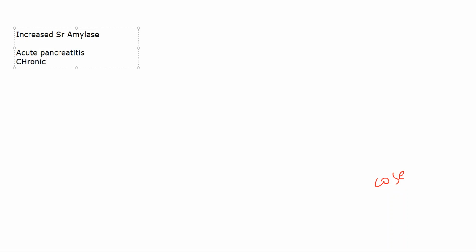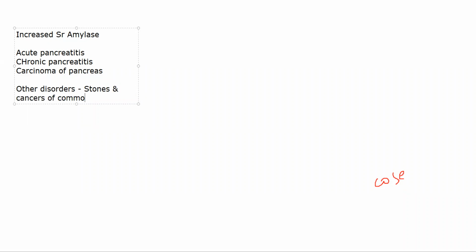If the patient has chronic pancreatitis, it will be high. If the patient has carcinoma of the pancreas, or some other disorder like superficial pancreatitis, or stones and cancers of the common bile duct.